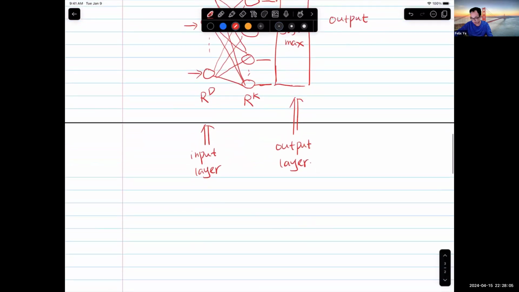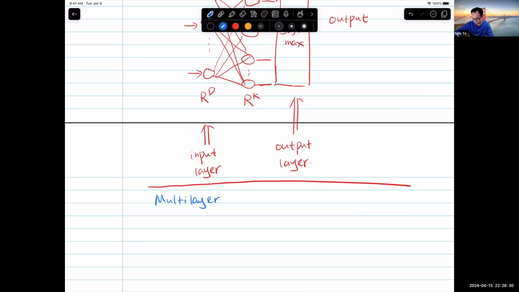So basically, with the neural network, the first thing that we want to do is the MLP. MLP stands for multi-layer perceptron.